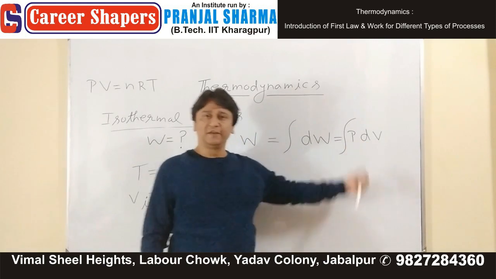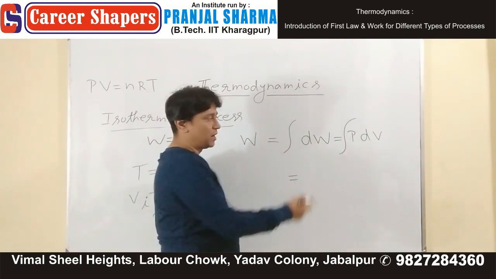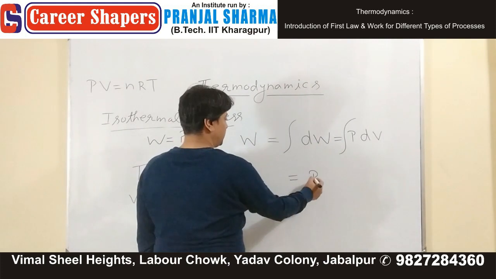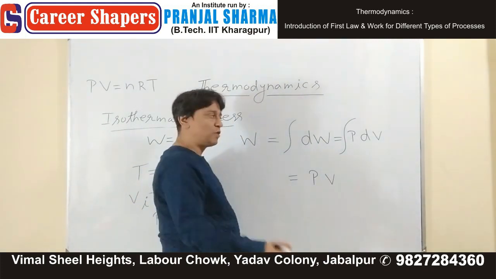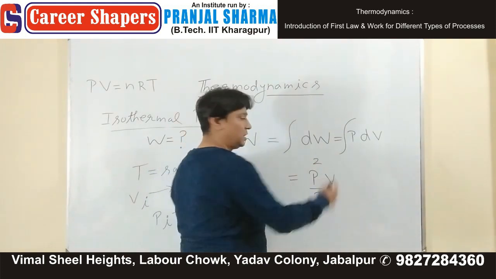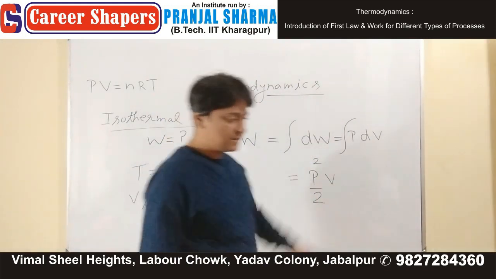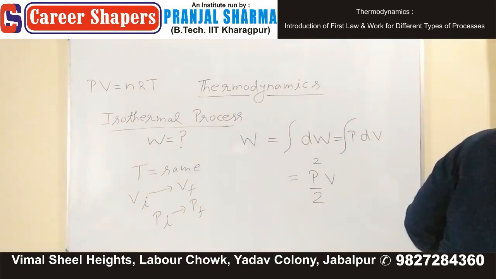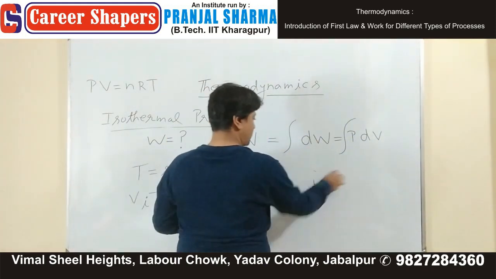In this P dV, some of you try to integrate this P dV like this. P integration of dV is V. Some try to integrate this in this form, P square by 2 V. Well, you cannot integrate in this form because it's not x dx. Whenever you have x dx type of thing, we use x square by 2.